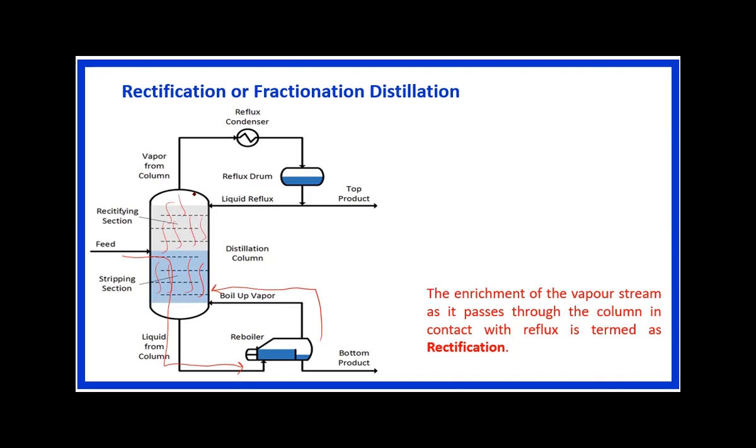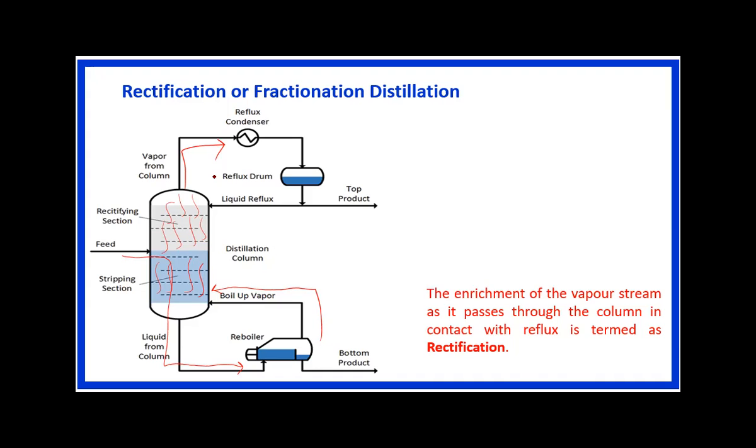These vapors flow in the upward direction, as their density is lesser than the liquid droplets, and then they flow through the condenser. In the condenser, temperature and pressure are constant, and coolant is provided for condensation.